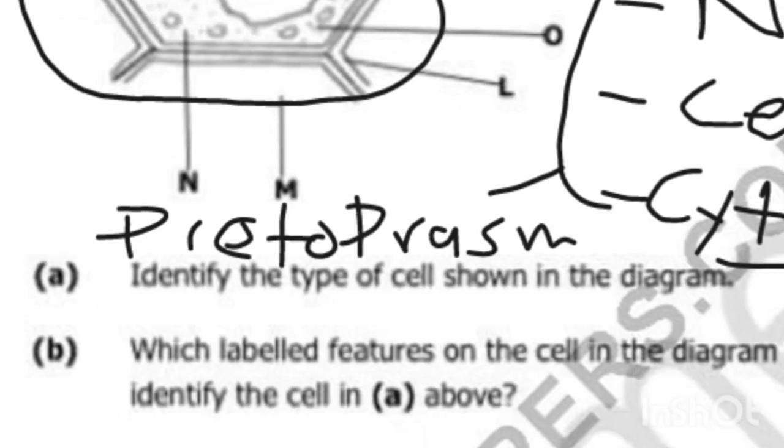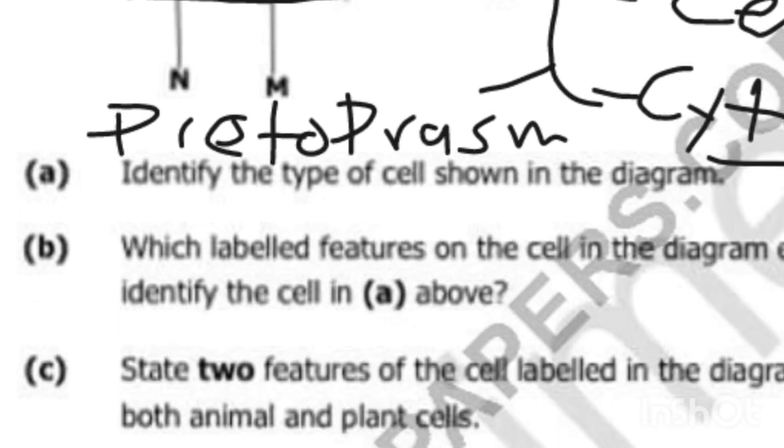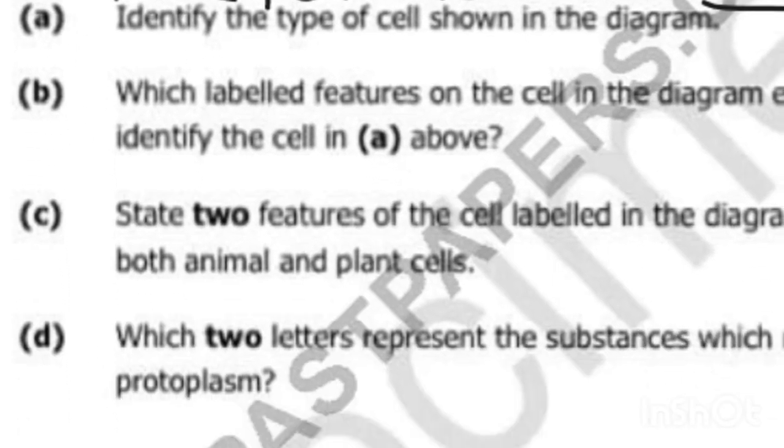So L is the cell membrane. So what can we say? It's N and L. Those are the answers. These are the two parts that are common in both an animal cell and a plant cell.